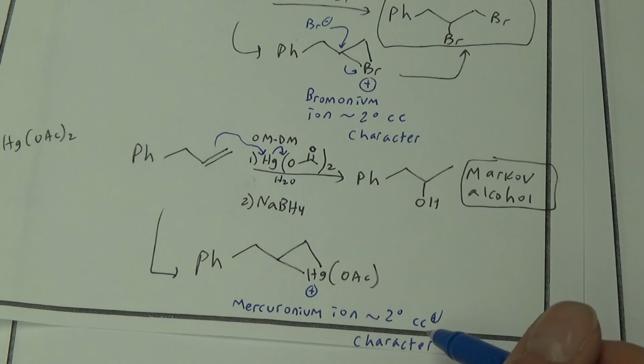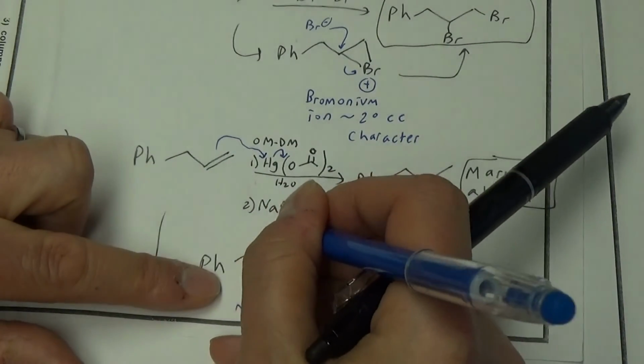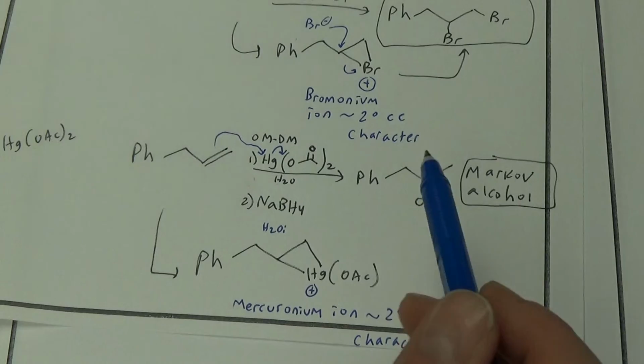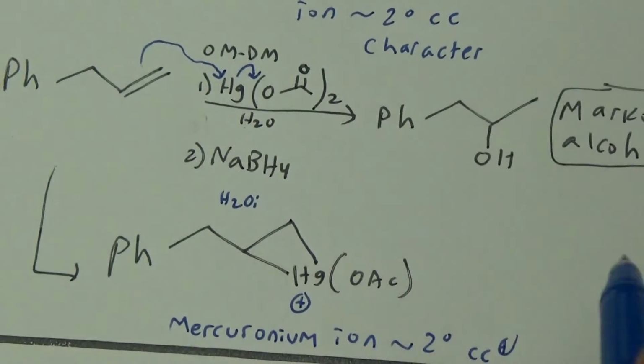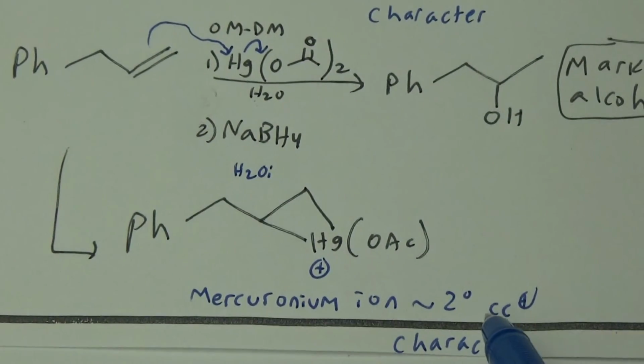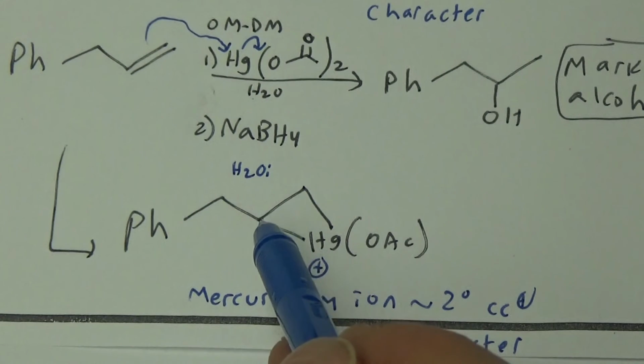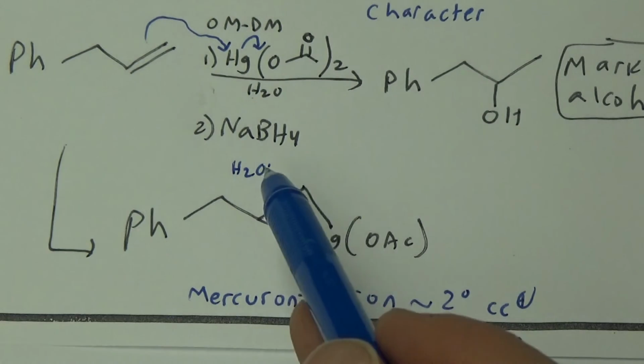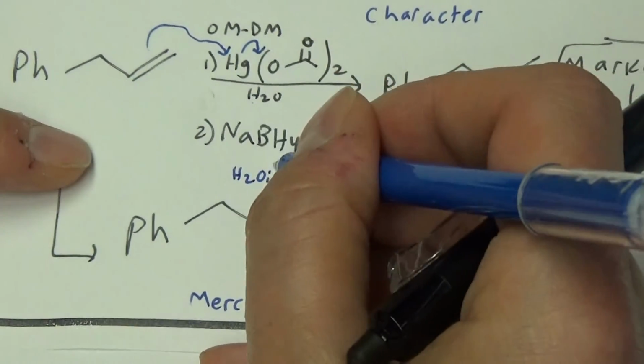So the water is a nucleophile. Remember how we have water right there? So where's the water going to attack? If we have secondary carbocation character, the water can attack the secondary site or the primary site. Who's it going to attack? If it's electrophilic on the secondary, then the water is going to attack on the secondary, right?